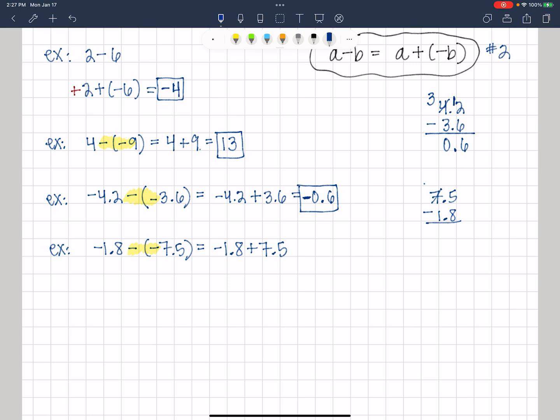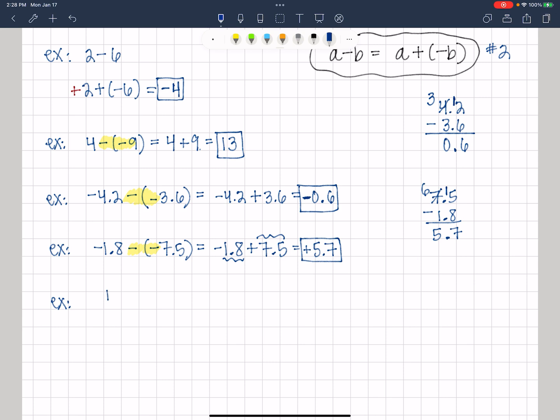We're going to need to borrow again. So I'm going to borrow from the tens place. That's going to make the 5 a 15. 15 minus 8 is 7. 6 minus 1 is 5. This is going to be 5.7, but then I have to determine, is it positive 5.7 or negative? 7.5 has a larger value than 1.8. 7.5 is positive, so my answer will take that positive. I'm just going to show the positive so that you can see that I took the positive, but that's the same thing as just writing 5.7.